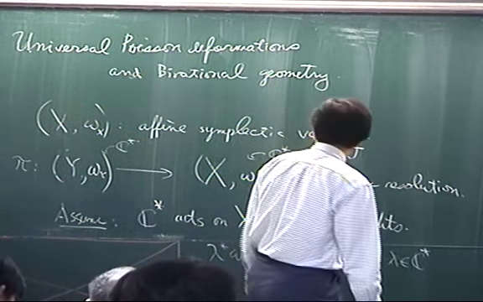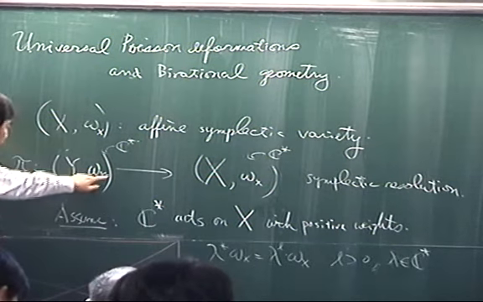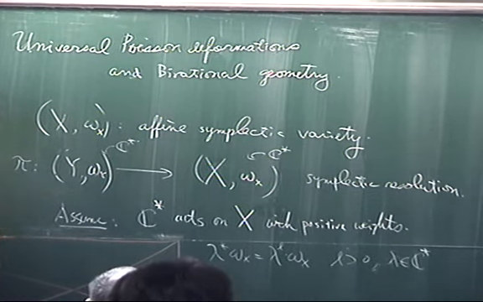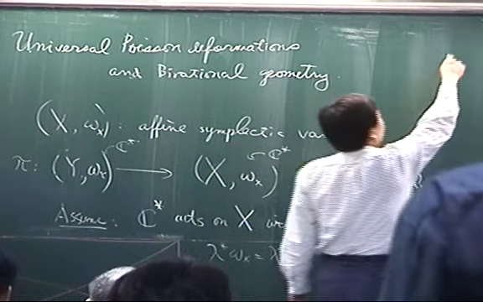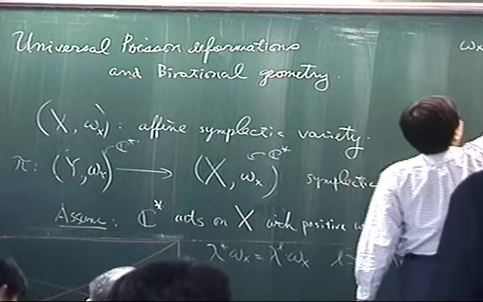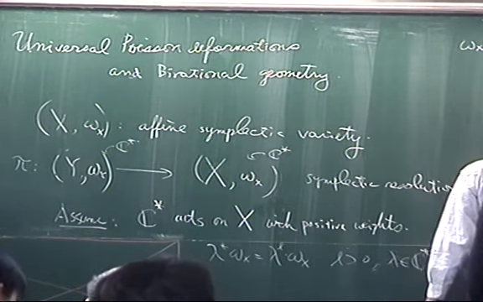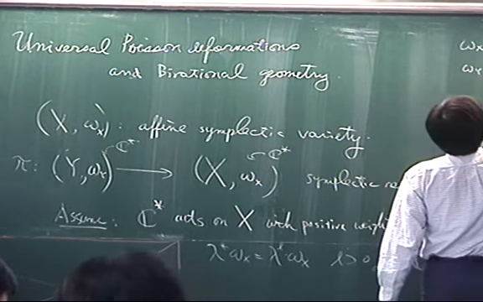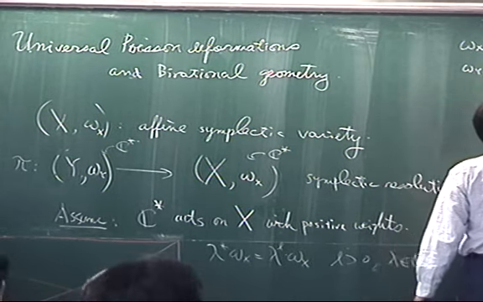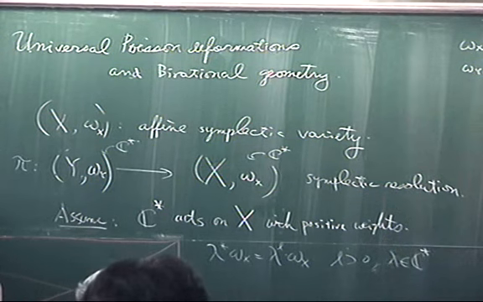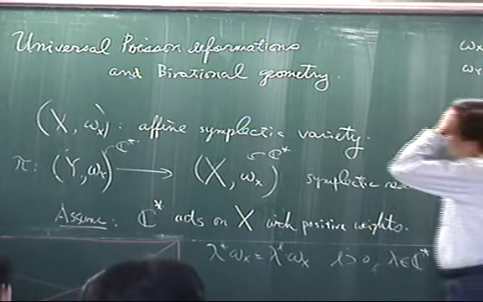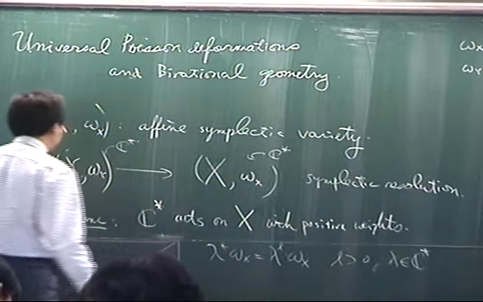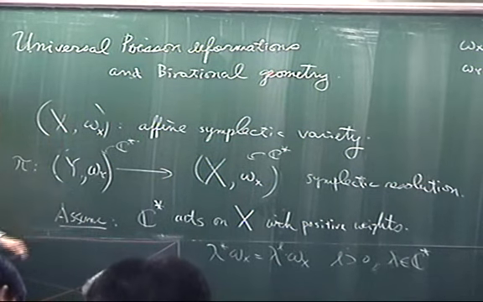But if you start with such a symplectic form, you can have a natural Poisson structure. So these varieties are Poisson varieties.